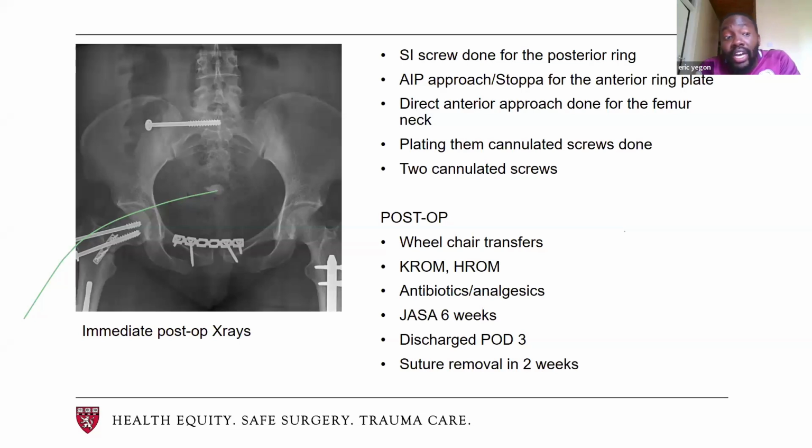Sometimes you can do a DHS and still sneak the screws in, and it works. But the reason we went for the screws is that after we'd done the open approach and put the plate there, we thought the plate combined with the screws should still be adequate fixation. But if we were not to open that, then we probably would have done the DHS.